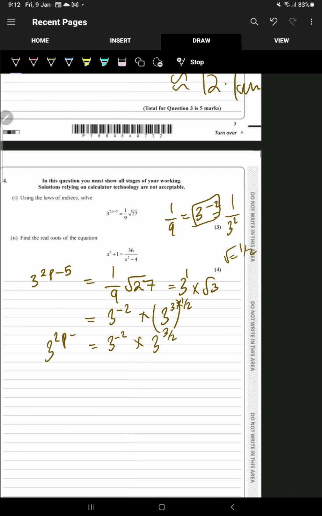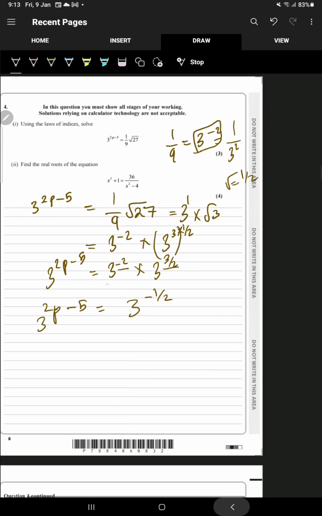3 to the power of 2p minus 5. Now you have to add the powers. Laws of indices says that whenever the bases are the same and multiplied, you add the powers. So plus 3 over 2, you add these powers, you get 3 to the power of minus a half is equal to 3 to the 2p minus 5.